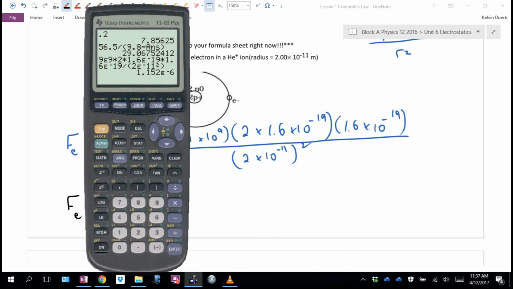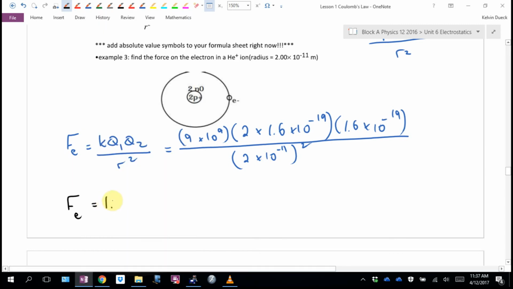Do you get 1.152 times 10 to the negative 6 newtons? I'll go to 3 sig figs, 1.15. And it's a force, so it'll still be in newtons.